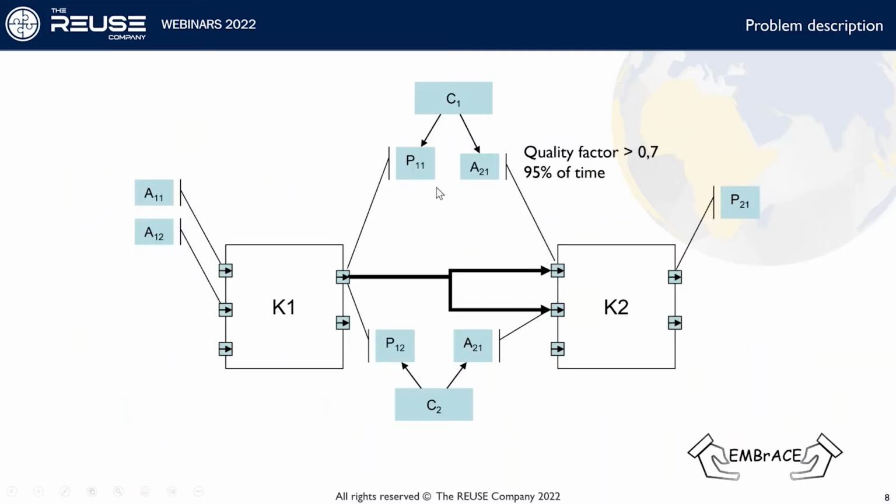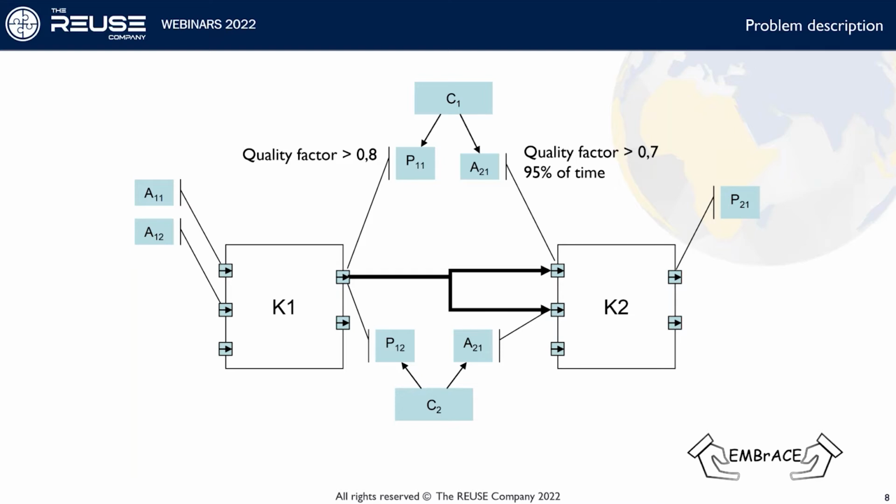So let's see, on the left side, we have the traditional requirements paradigm, okay? And on the right side is the communication, the interface focus. So if we see here, the first component says that it will give an output where the quality factor will be greater than 0.8.